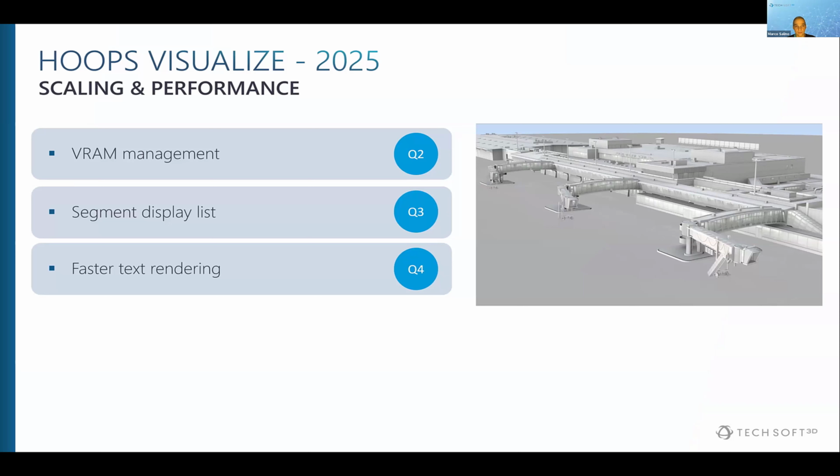So we want to keep focusing on making sure Visualize can handle all this data with all its complexity. We want Visualize to keep being performant and scalable for the future. So again, we'll start by listening to current problems experienced by our partners, and we'll see what we can do to address these problems.